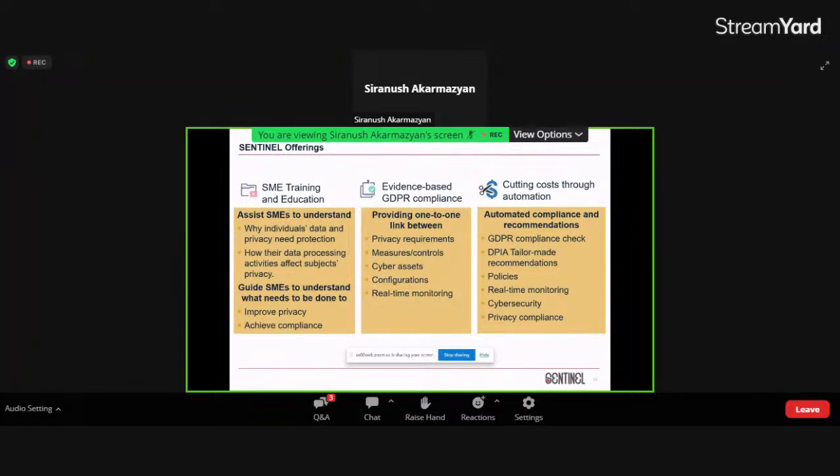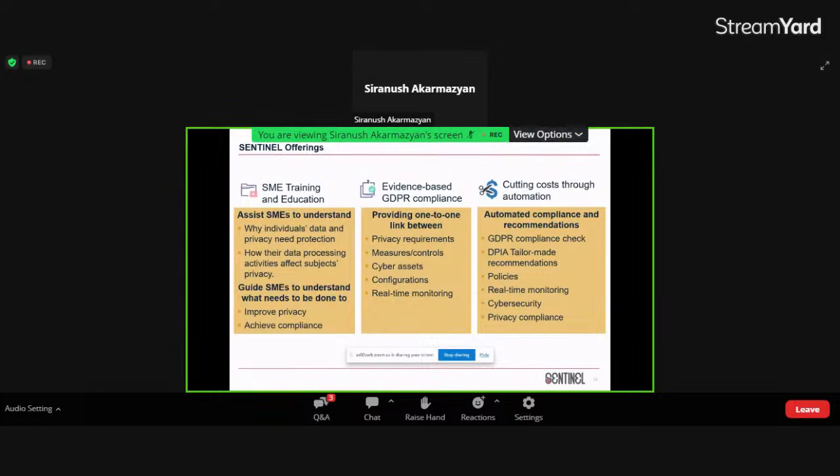This slide is just to simply present what Sentinel is and what the main offerings of Sentinel are. The first and most important part is to educate SMEs. We want to assist SMEs to understand why individual data and this personal data need protection, and how generally these data processing activities can affect subject privacy.